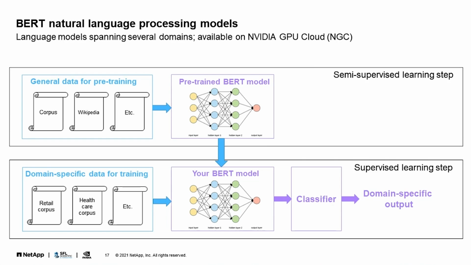This training can take many hours or a few hours on a DGX system. Once the model is pre-trained, you have to fine-tune it on a particular task, for example, Q&A. This process is much faster and involves the use of a limited amount of annotated data.